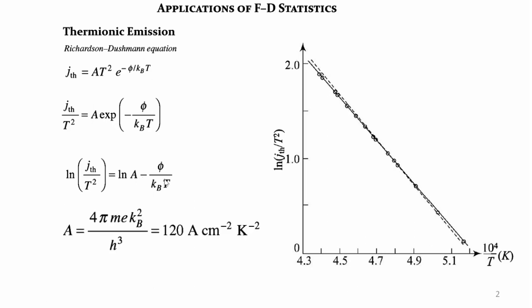Now this equation is actually interesting in the sense that if we experimentally measure the thermionic emission current at different temperatures, obtain this J thermionic over T squared, take the log of it, and then plot that against temperature.